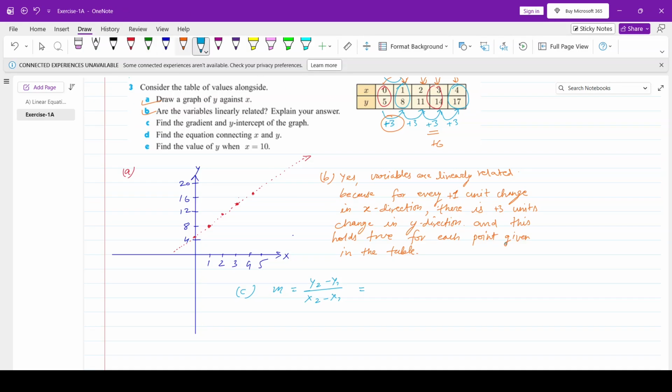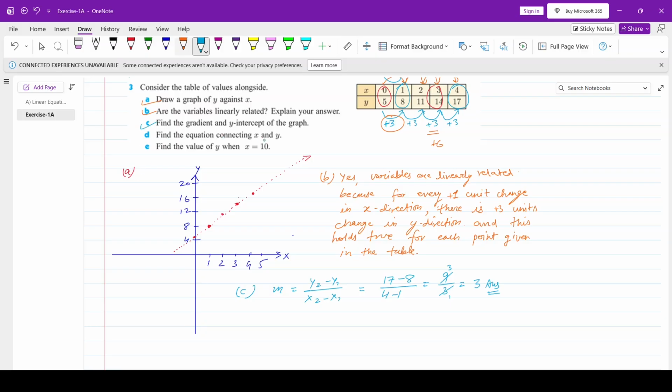So suppose we take 1, 8 and 4, 17. So y2 minus y1 will be 17 minus 8, x2 minus x1 will be 4 minus 1, and that is 9 divided by 3. So our gradient is 3. We have also done this.